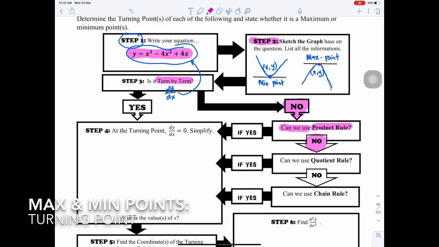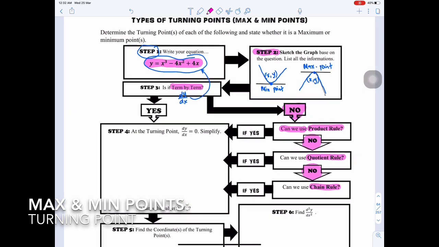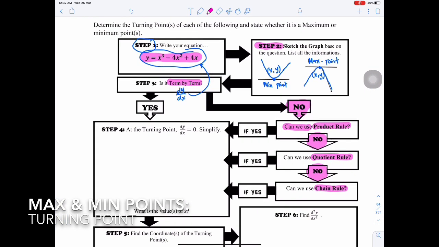If no, can we use the quotient rule, another method to differentiate? And last one, if no, can we use the chain rule? This is the last method to differentiate. Actually this flowchart also shows you the steps or methods of differentiation, from term by term to the chain rule.